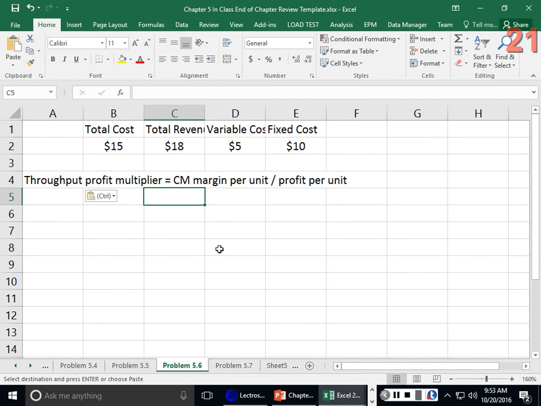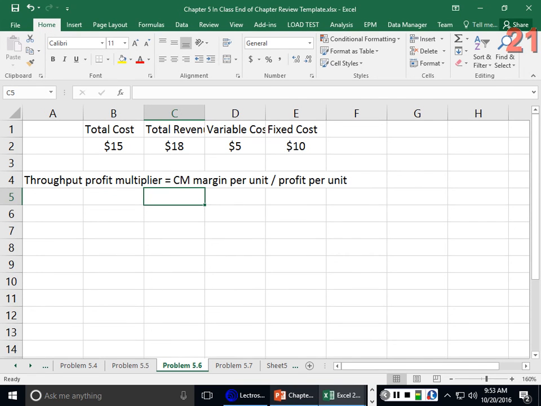Okay, so in this case, we don't have per unit, we just have monthly costs, but we're talking in the same unit of measure, right? Everything is considered monthly. So I can take my contribution margin per month divided by my profit per month and still get there, right?